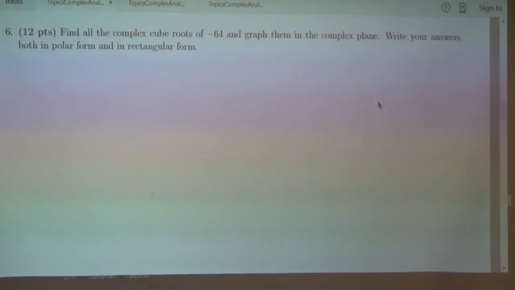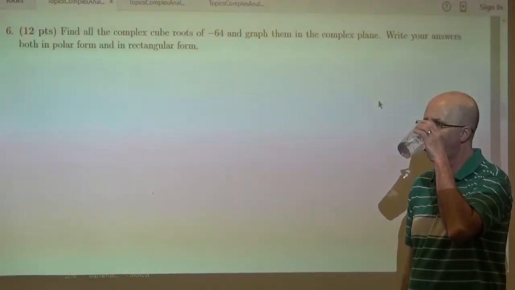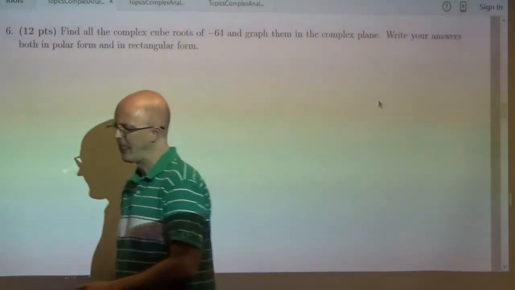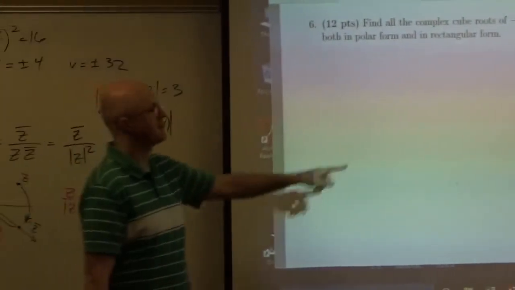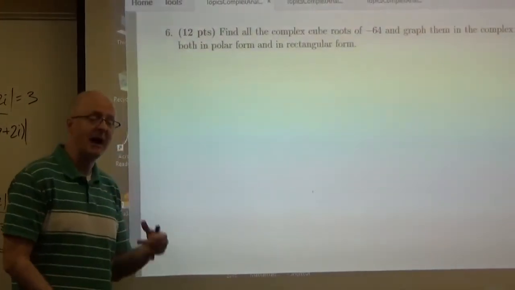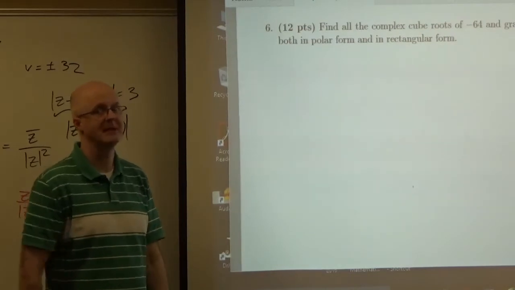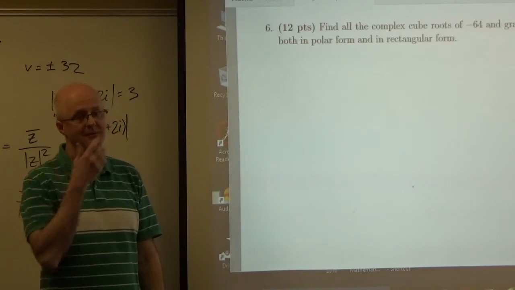Oh, complex roots. We've forgotten this one. When you multiply a complex number by itself a certain number of times, say 3 times, its modulus, its distance to the origin, gets cubed, and its argument, its angle with the positive real axis, gets tripled.